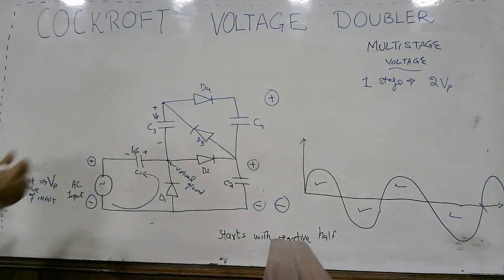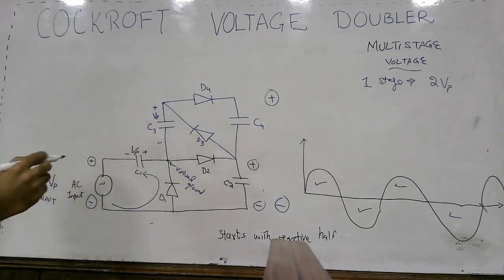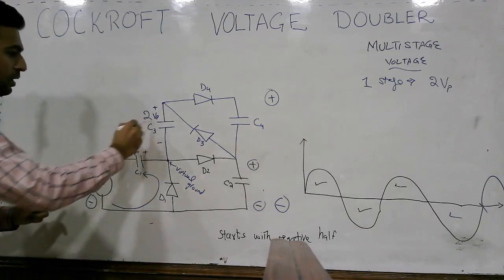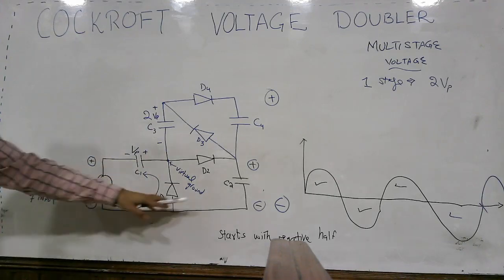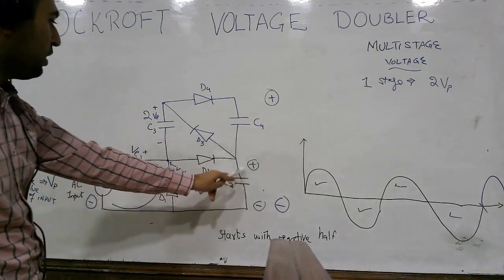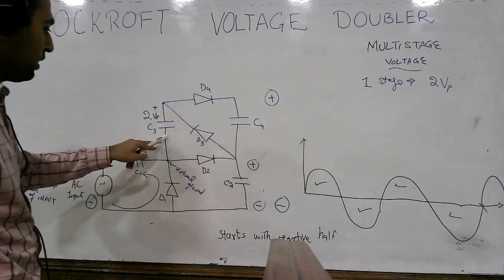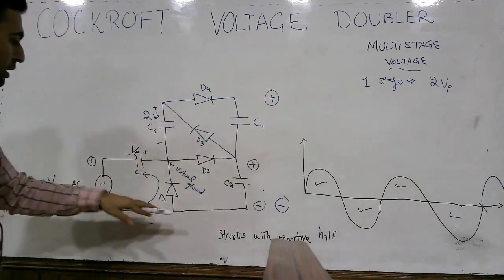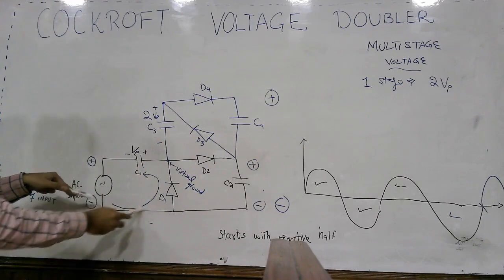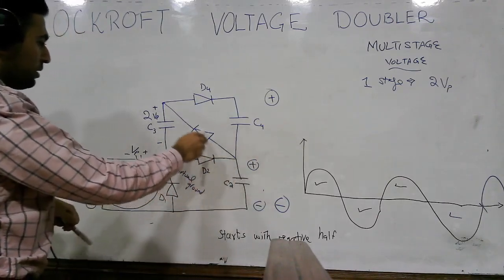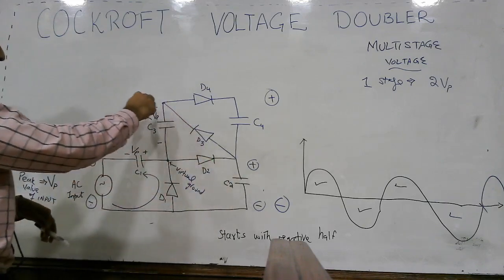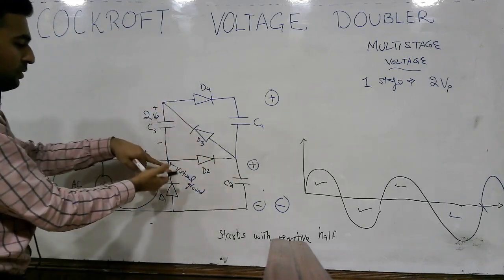And here you had 2 Vp, sorry. Here you had 2 Vp, because when this capacitor is going to discharge here, this source was busy charging this, and through here this capacitor will discharge to 2 Vp, because here you have the virtual ground.